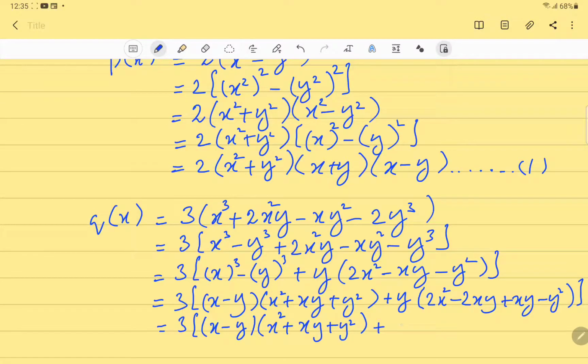Now in the first two terms we have 2x common.